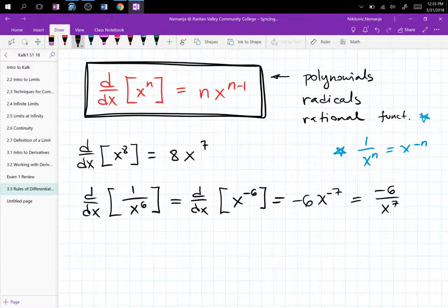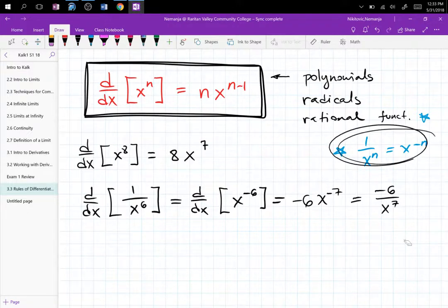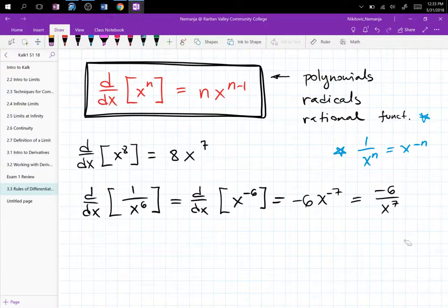It's the same rule. We just use the basic algebra knowledge that everyone should have by now, that if the exponent is positive in denominator, it becomes negative in the numerator. If it's negative in the numerator, it becomes positive in the denominator. So that's the basic algebra rule that you study in a course in high school.